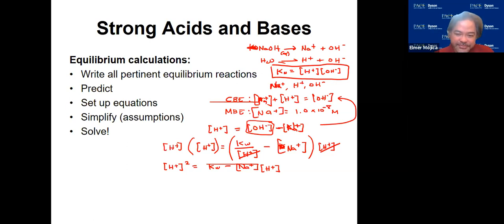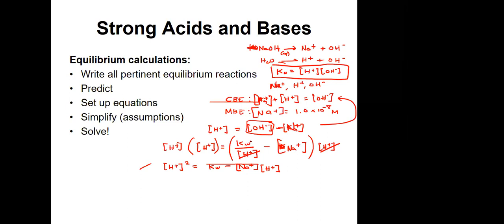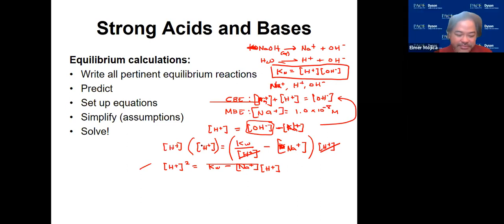Does this make sense? So I substituted for the OH minus, multiplied by H plus on both sides, and now I rearrange them. So I have an H plus squared plus Na plus times H plus minus Kw. This is just the same as the one that we did earlier.